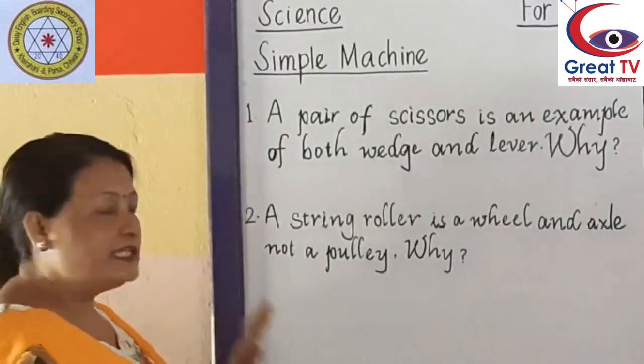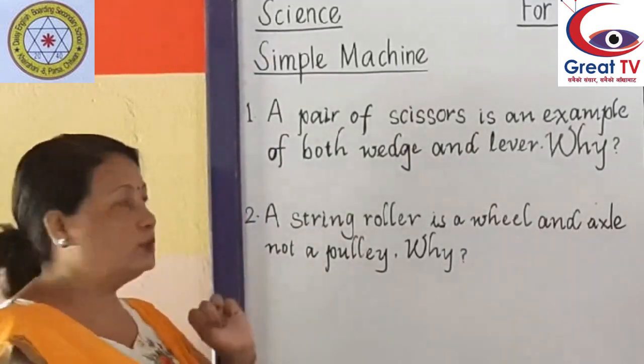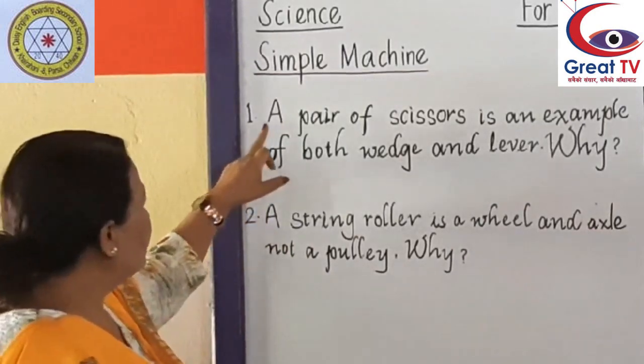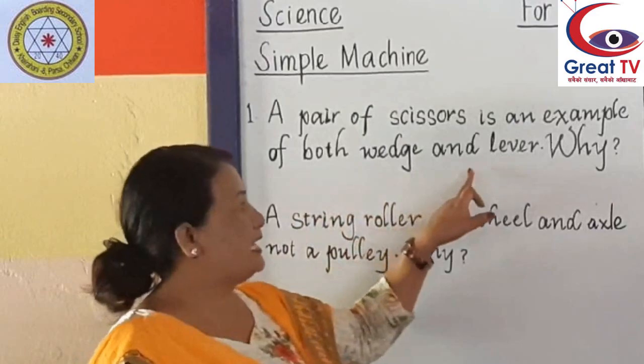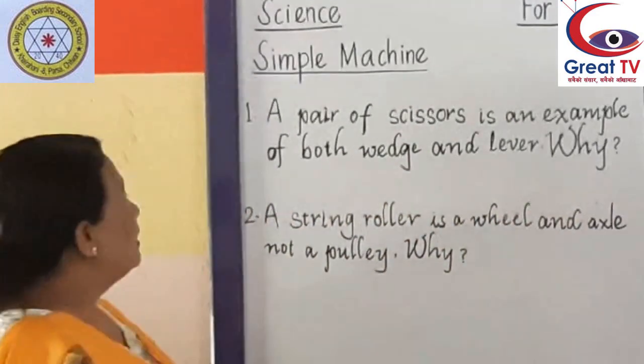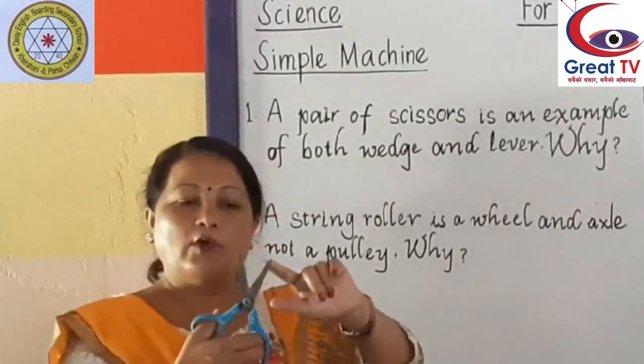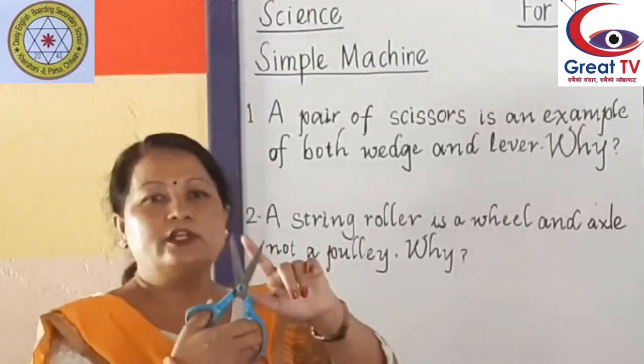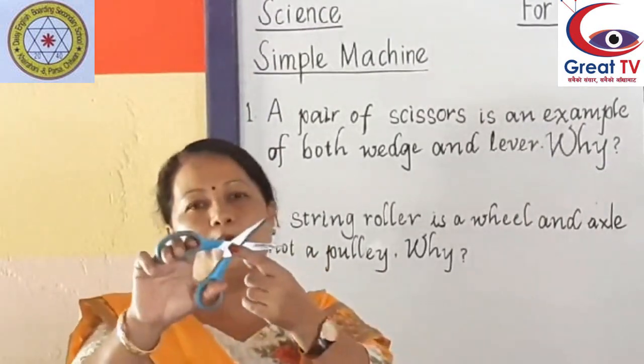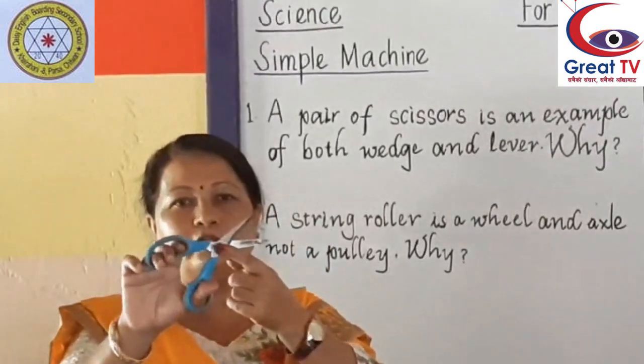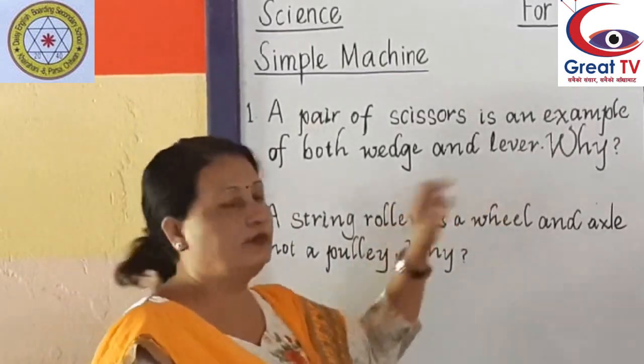After studying the lesson, we have two conceptual questions. Number one, a pair of scissors is an example of both wedge and lever. Why? A pair of scissors has one end sharp, so it is a wedge, and it rotates about a fixed point called fulcrum, so it is a lever.